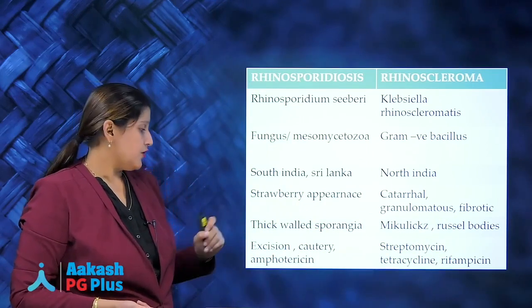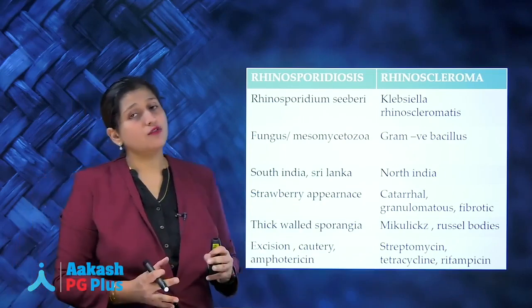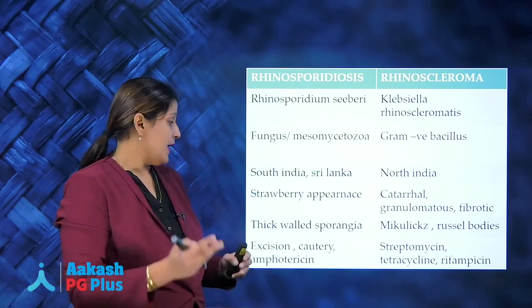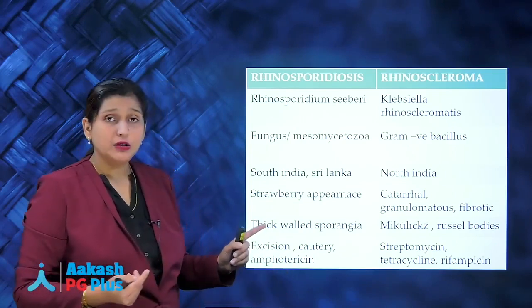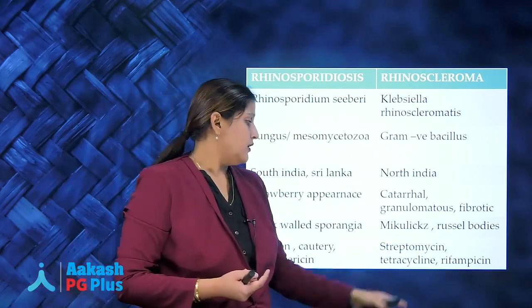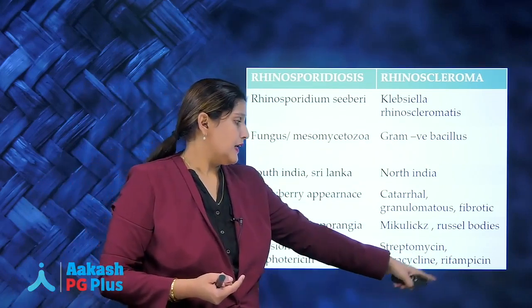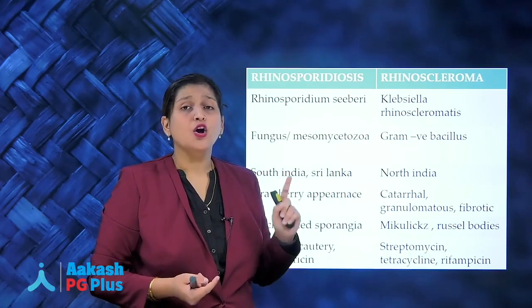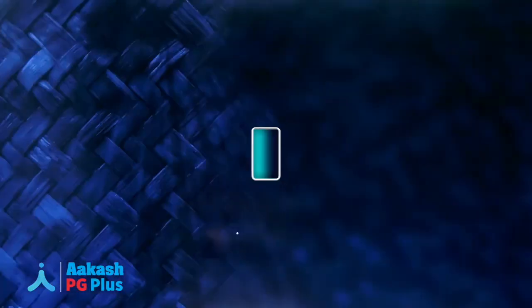Treatment of rhinosporidiosis includes excision of the tumor along with cauterization of the base so that it does not regrow. In recurrent cases, amphotericin can be used because it is an antifungal. In rhinoscleroma, streptomycin, tetracycline and rifampicin have to be given for a long duration, up to 2 to 4 weeks.